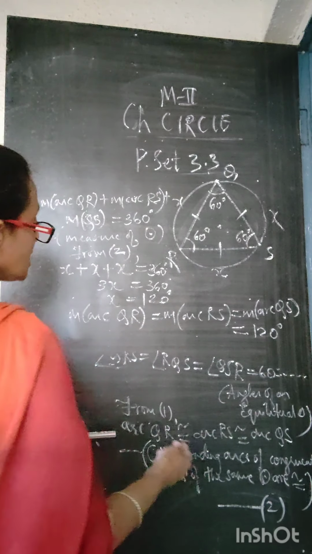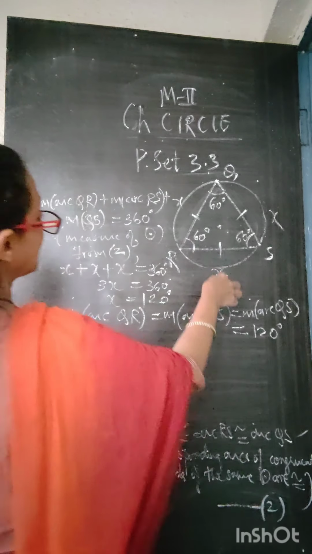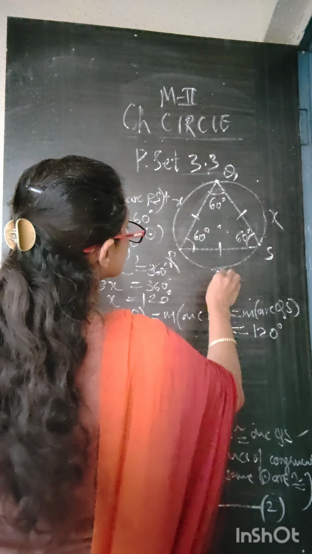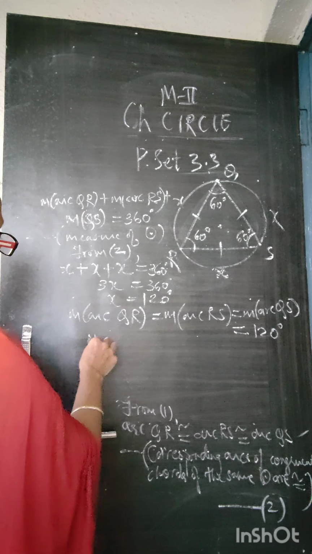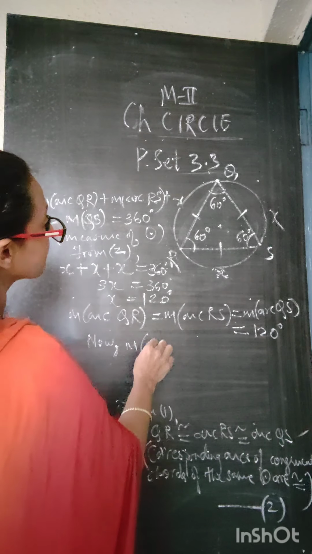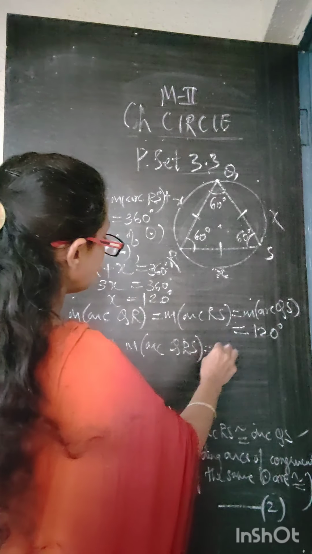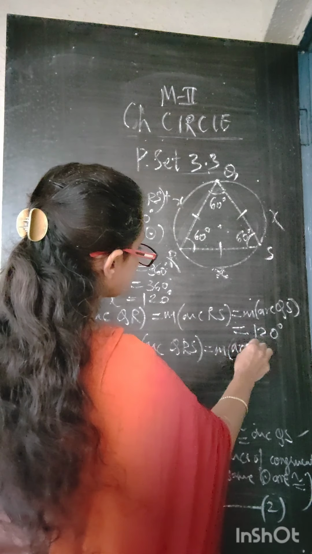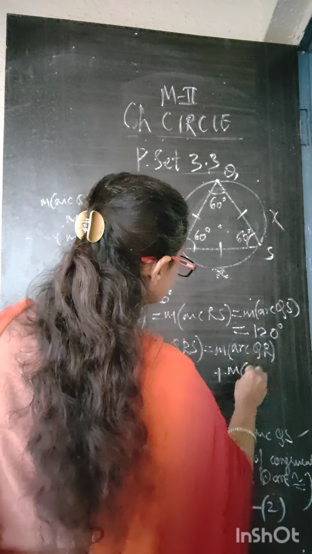If all the arcs are 120, then what will be the addition of these two arcs? Now we know that measure of arc QRS is nothing but measure of arc QR plus measure of arc RS.